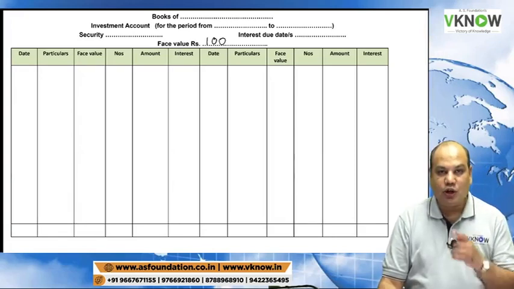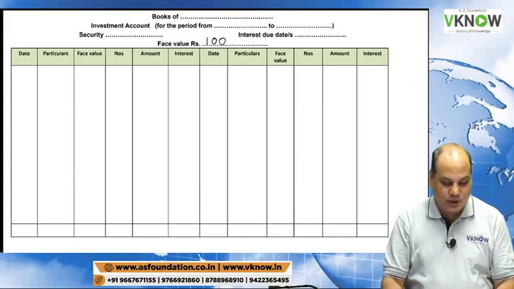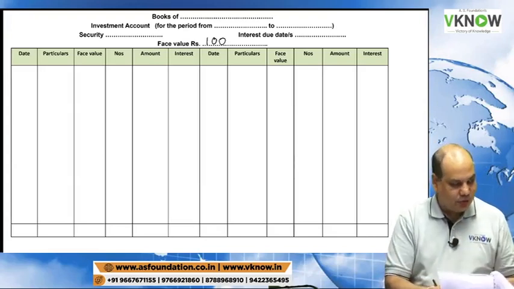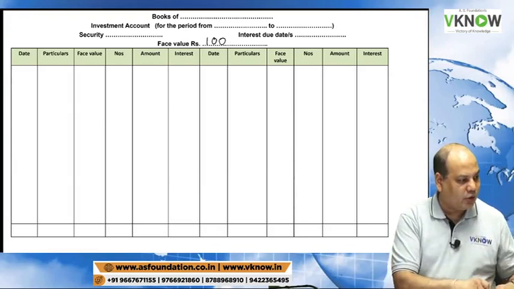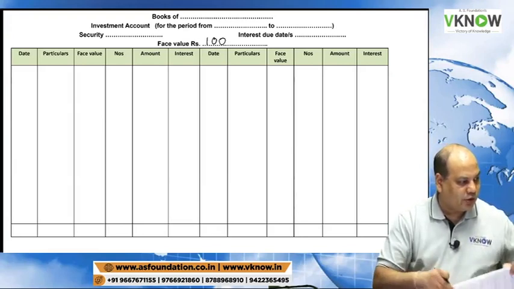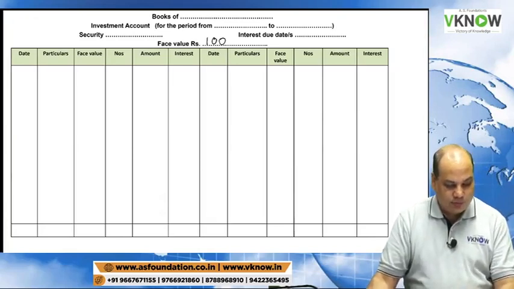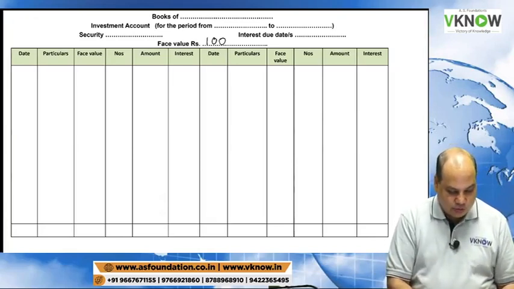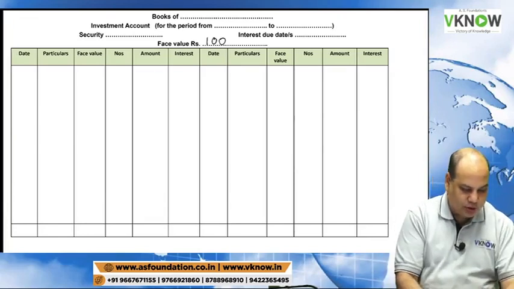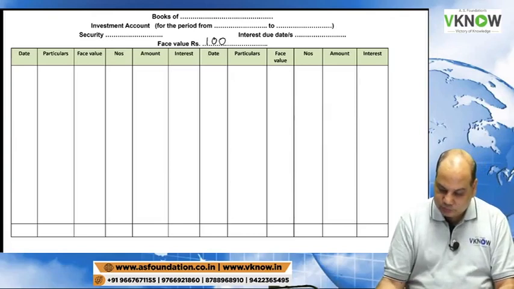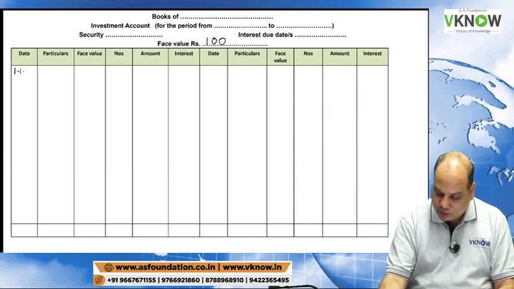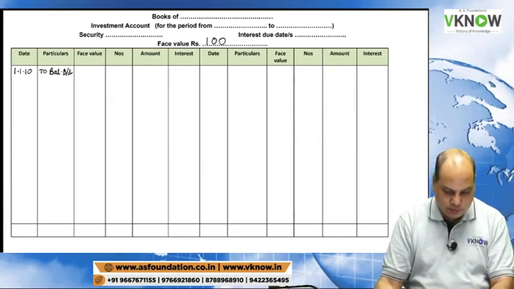I hope everybody has done this. This question will not have interest accrued adjustment, so you can enjoy. At least one working note will be less, but some working notes will increase also, because in this question we have to compute the average cost. At least opening balance we can write: 1st January 2010, to balance brought down.